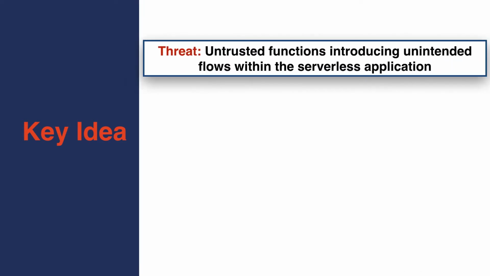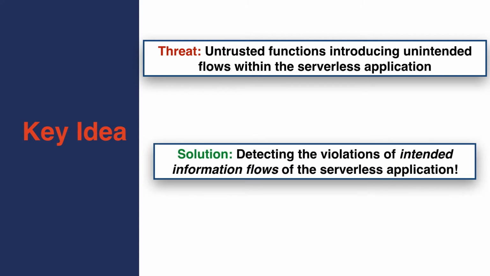The previous examples provide us with a key insight, which is the common pattern in such attacks are the untrusted third-party functions who may introduce unintended flows within a serverless application. So, the obvious solution to this problem is we need to detect the violations of intended information flows in the application and prevent the occurrence of these violations.